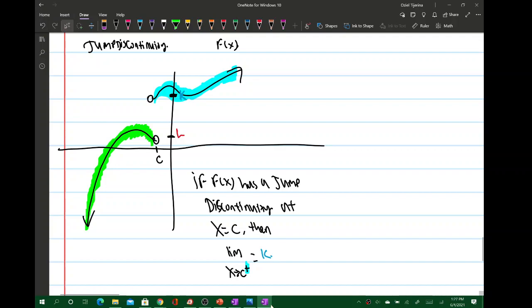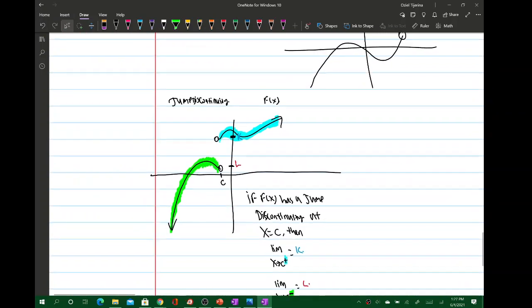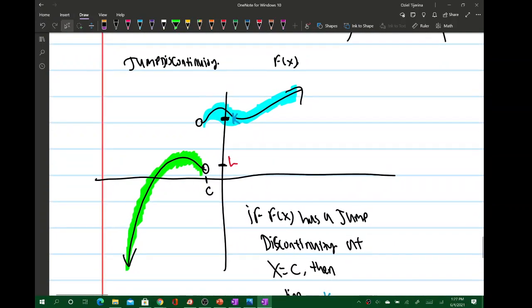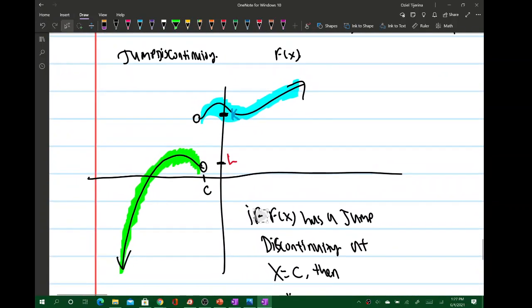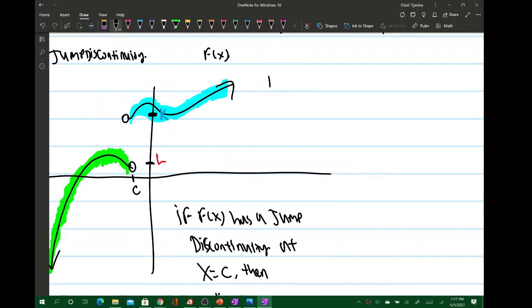If that doesn't make sense, please let me know. I'm trying really hard to explain that. That means that, anytime they tell you, for example, let's say we have a piecewise function, okay?